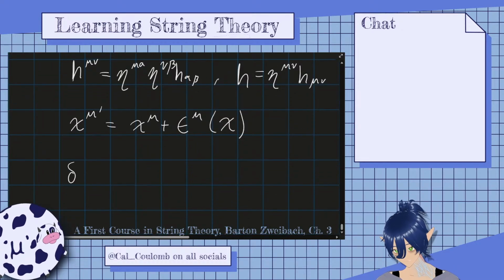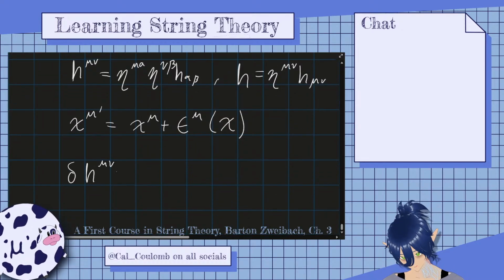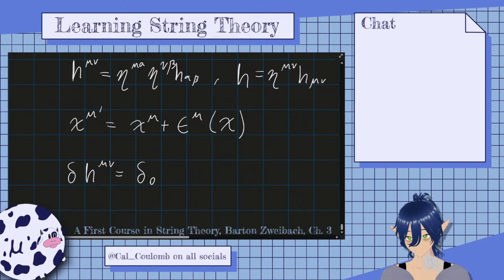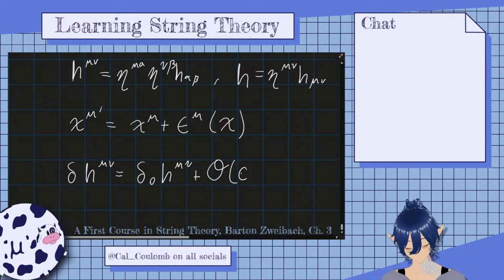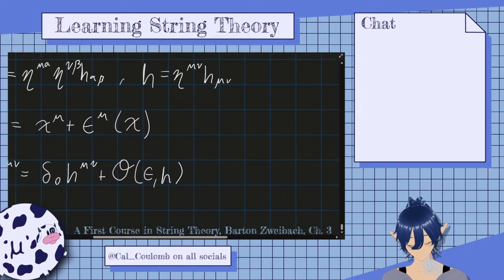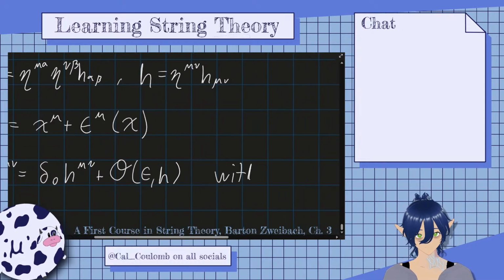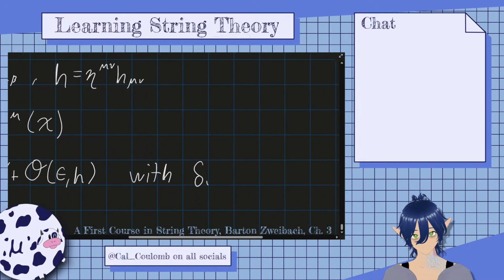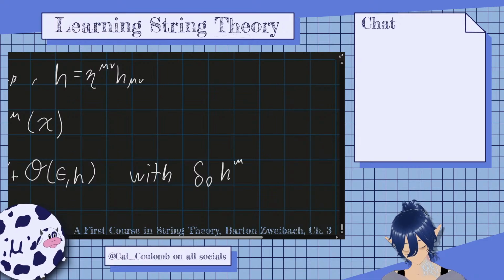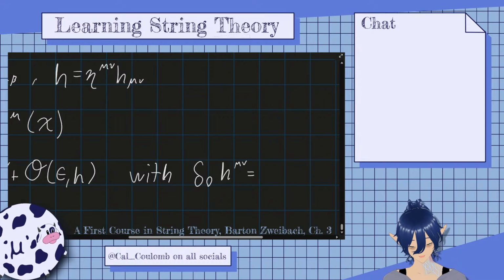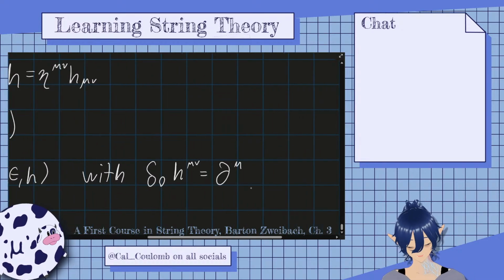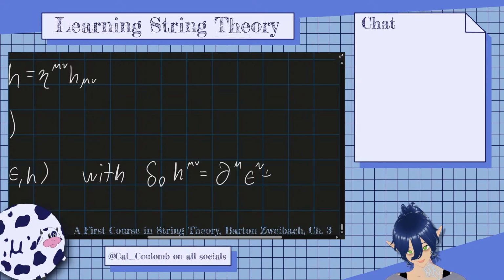Delta h mu nu is equal to delta 0 h mu nu plus order epsilon h, with delta 0 h mu nu being equal to partial mu epsilon nu plus partial nu epsilon mu.